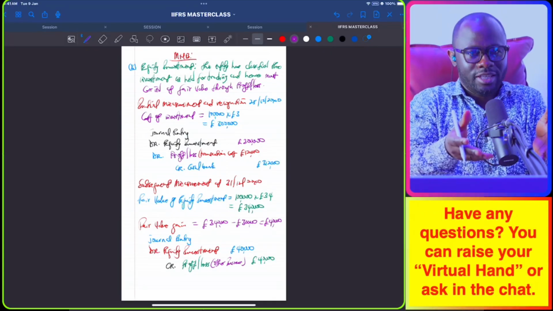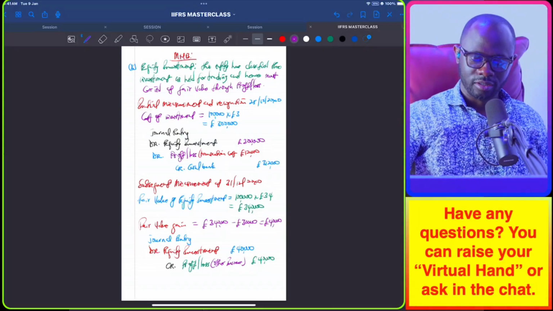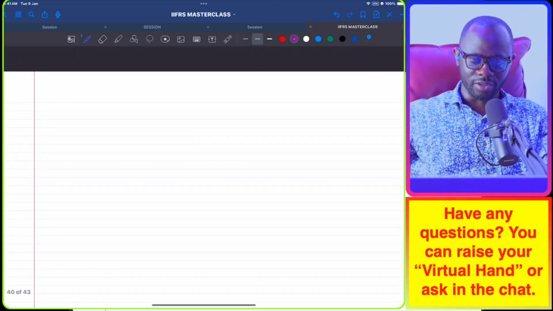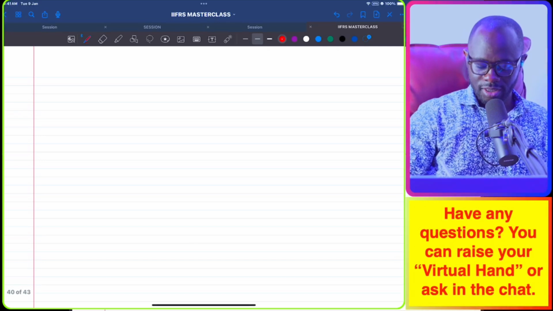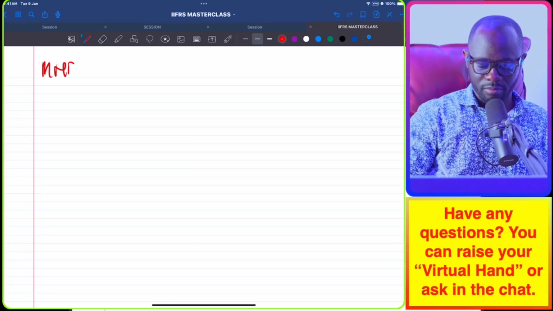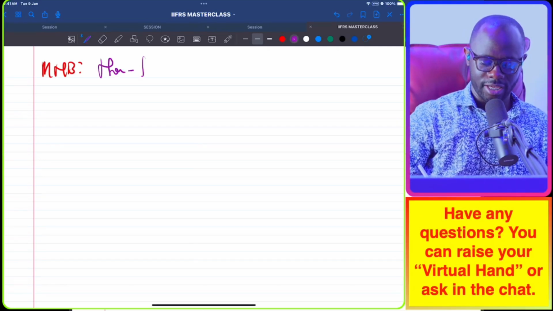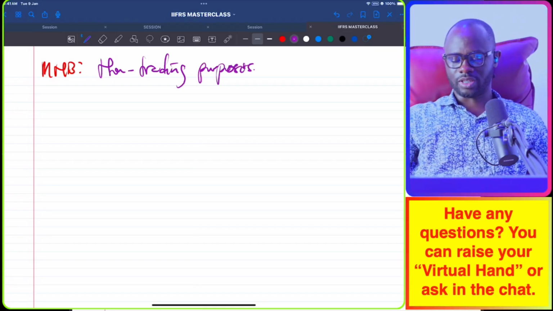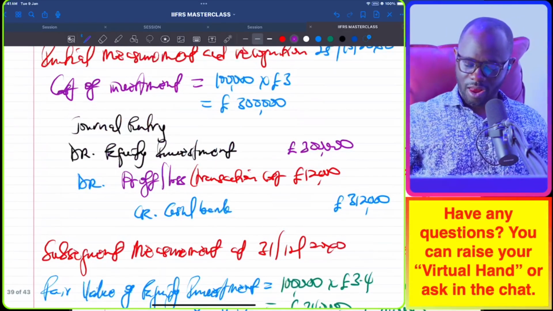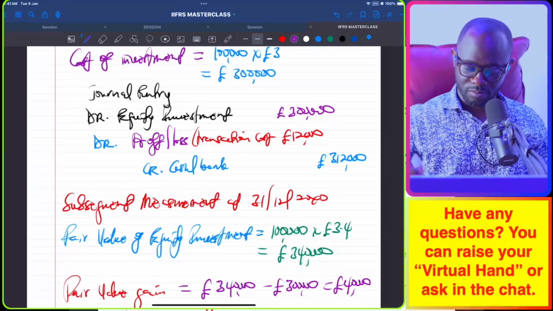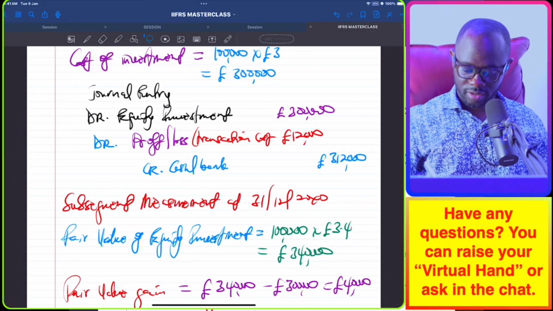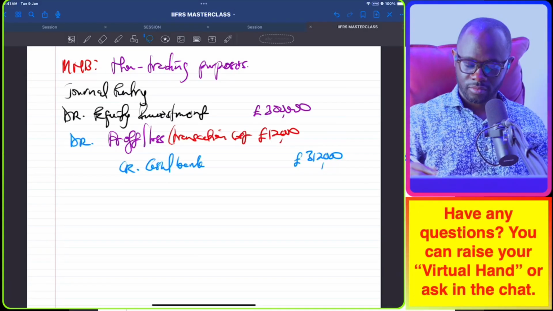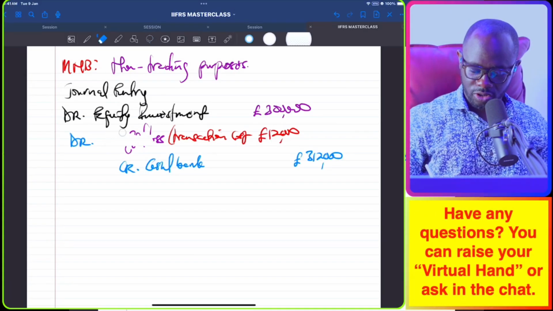So the same question, I'm going to use it for non-trading purposes so that you see how it works. So still M and B, but now let's say it is non-trading. I just want you to see the difference. Now, let me bring in the double entry here. In initial measurement, we will not debit profit or loss.